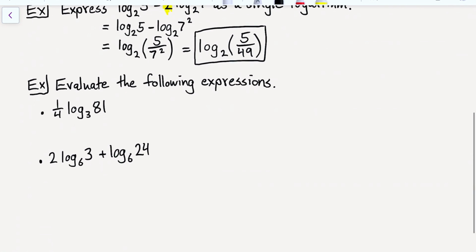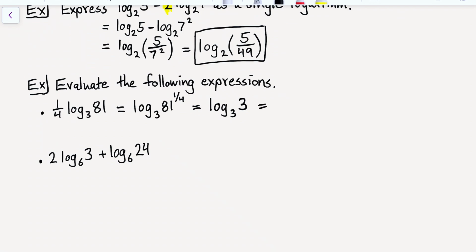I can also use this to aid evaluating some logarithmic expressions. For example, if I want to evaluate 1/4 log 3 of 81, I could rewrite this using a law of logarithms. This is log 3 of 81 to the 1/4 power. 81 to the 1/4 power is equal to 3.